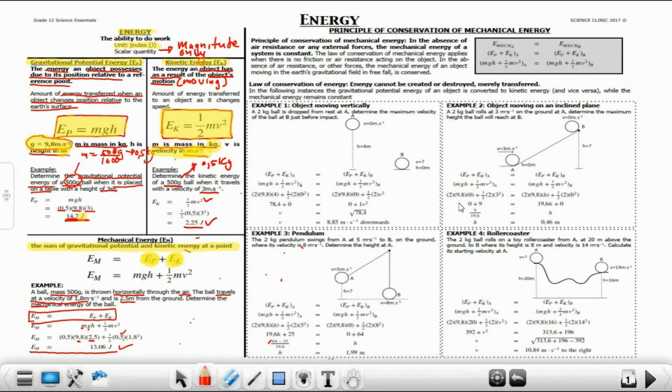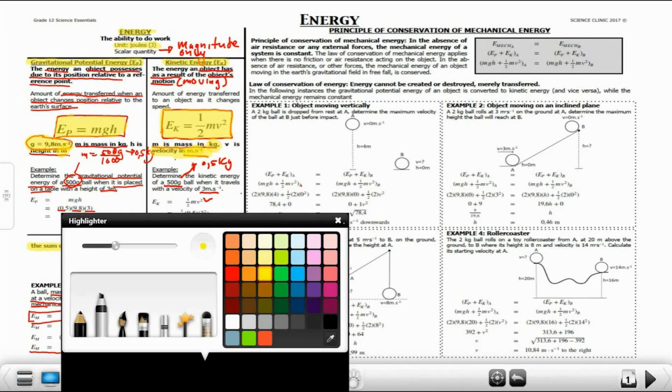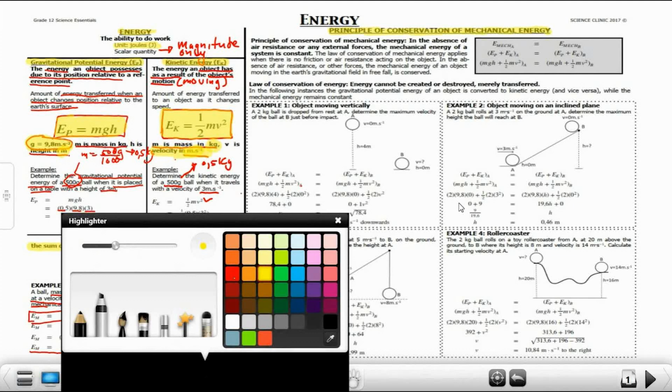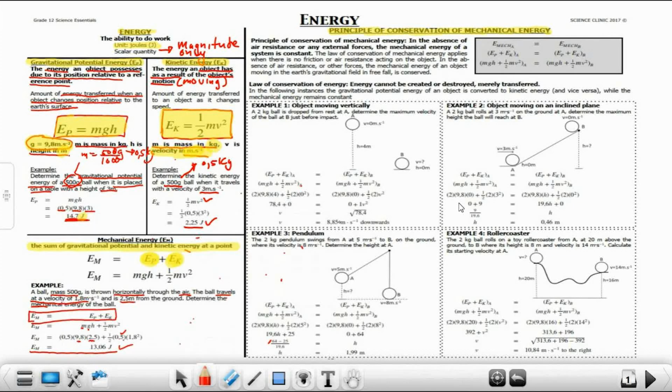Let's further move on to the principle of conservation of mechanical energy. What is key here with this principle? One, you must be able to state it, and you must also be able to apply it.